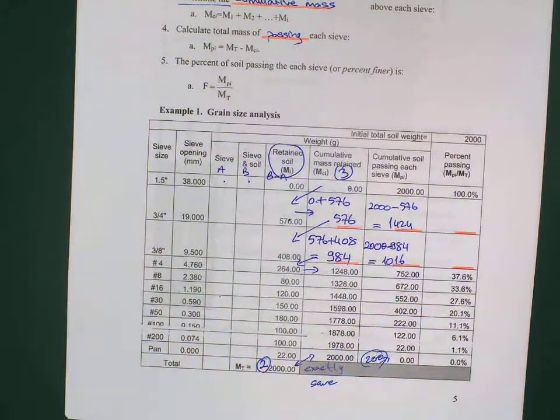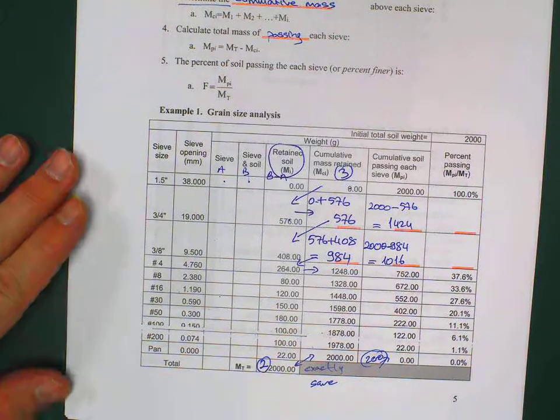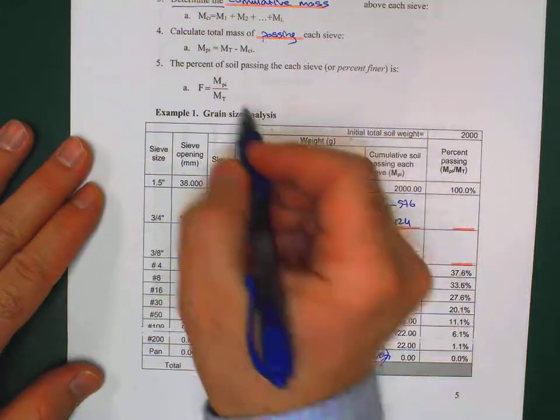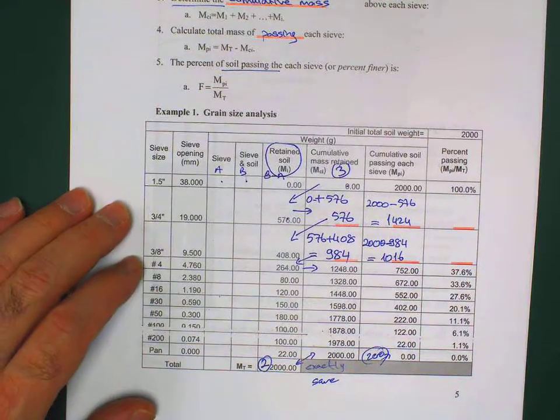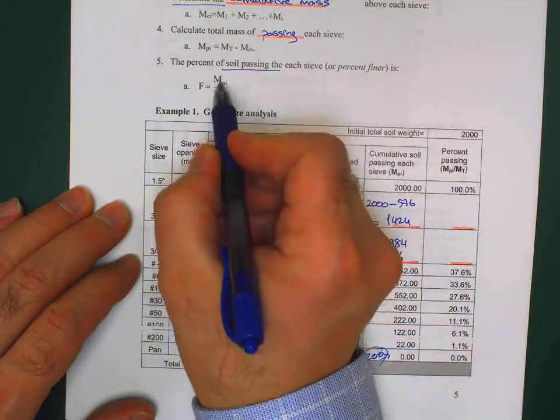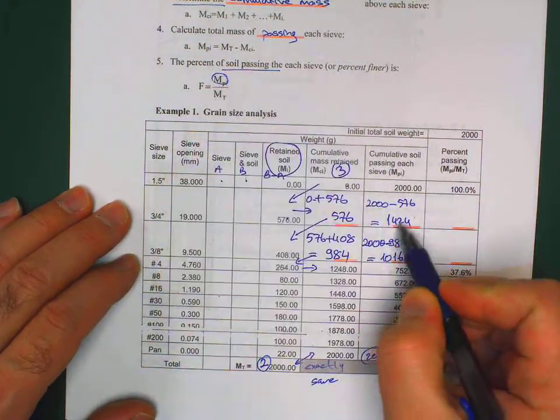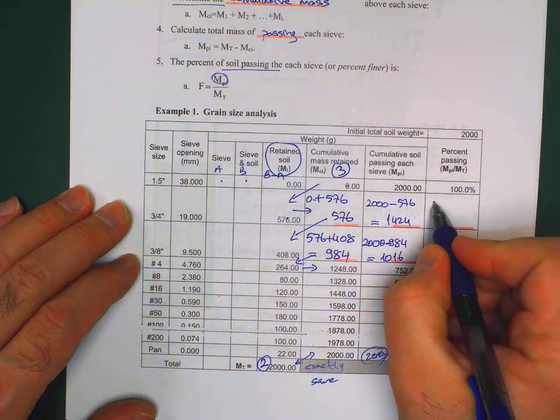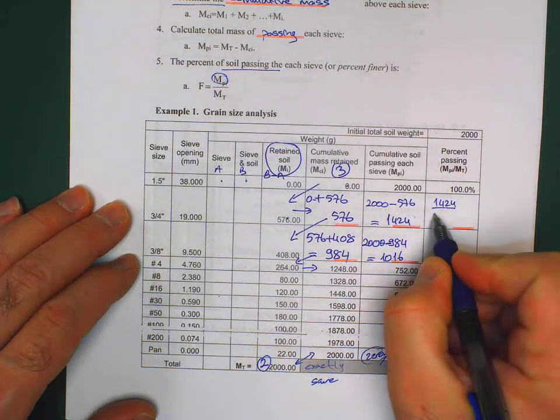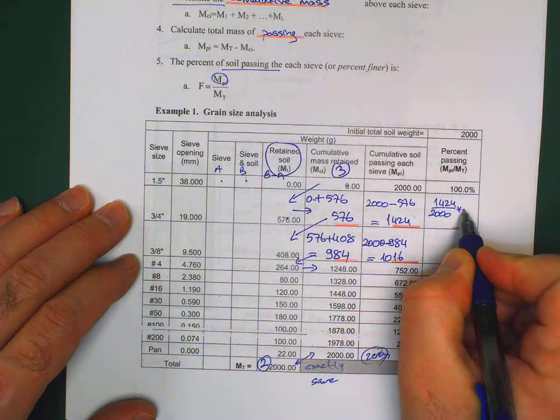So to check your calculations, every step you should check your calculations. Finally, percent passing in each sieve, or percent finer, is M_P,i, this column, divided by the total weight. Which is 1424 in this case, divided by 2000 times 100.